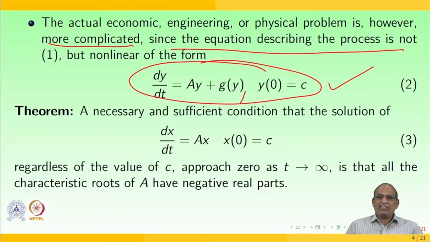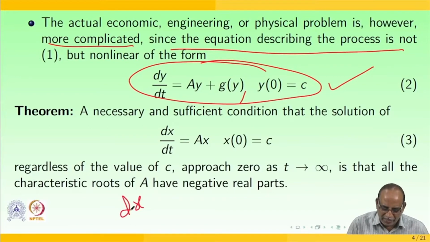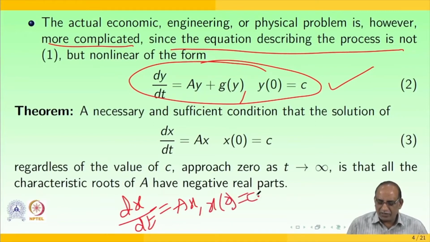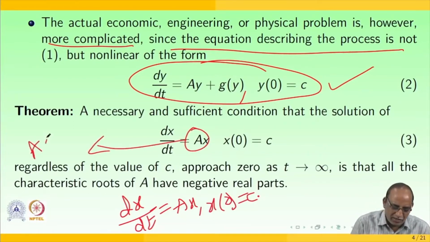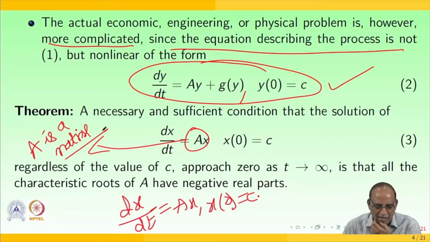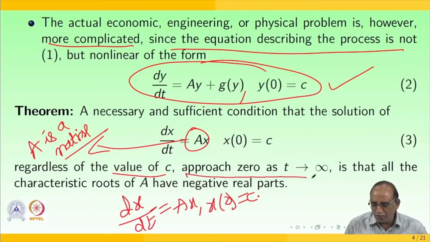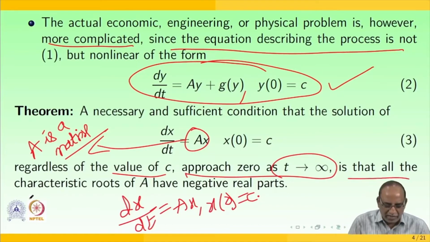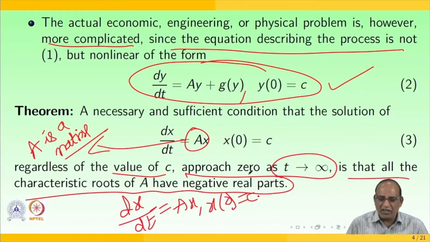We can write this in terms of a theorem: a necessary and sufficient condition that the solution of the system dx/dt = Ax, x(0) = c, where A is a matrix, regardless of the value of c, approaches 0 as t approaches infinity, is that all the characteristic roots of A have negative real parts.